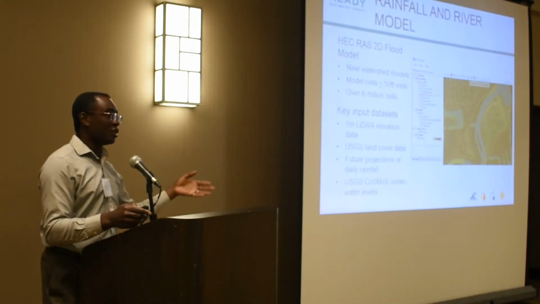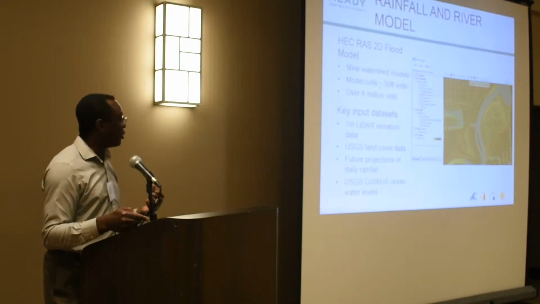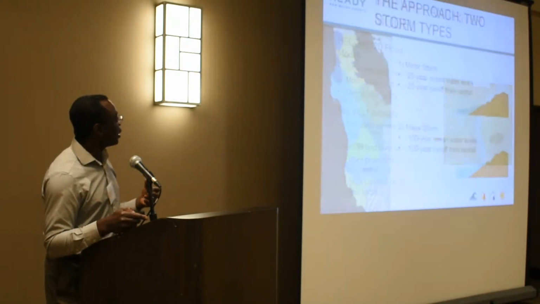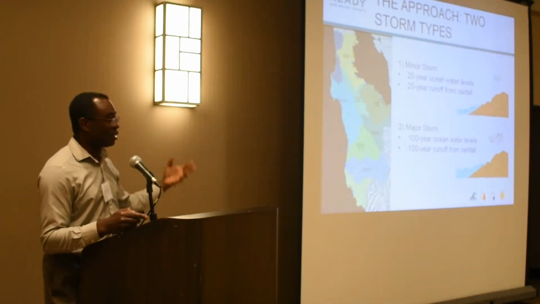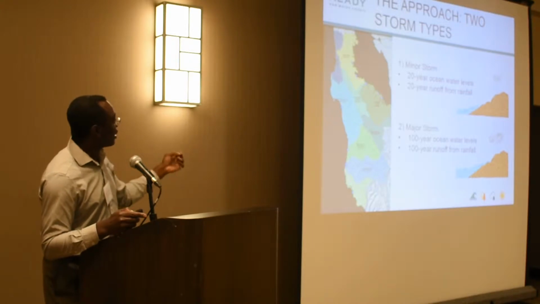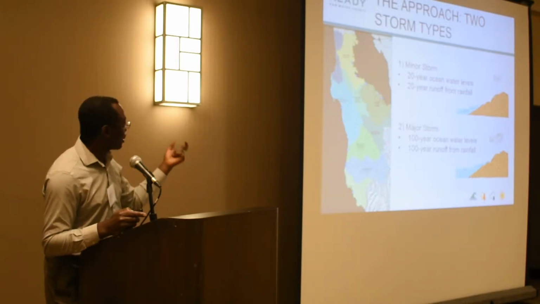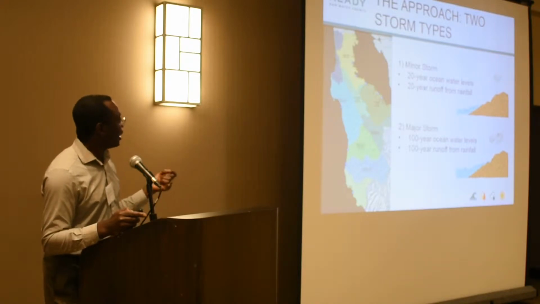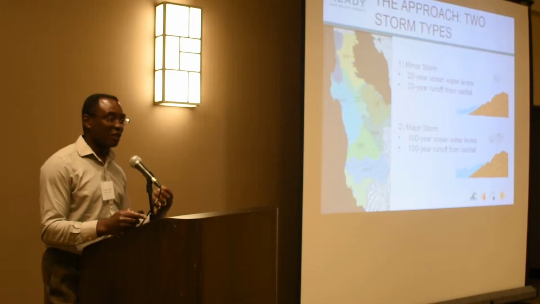When we get to the ocean outlet, we go to Patrick and his group, and they tell us what the water levels at the coast are supposed to be. For this modeling exercise, we picked some key outlets for key creeks and used that to set the boundary condition in our flood models.